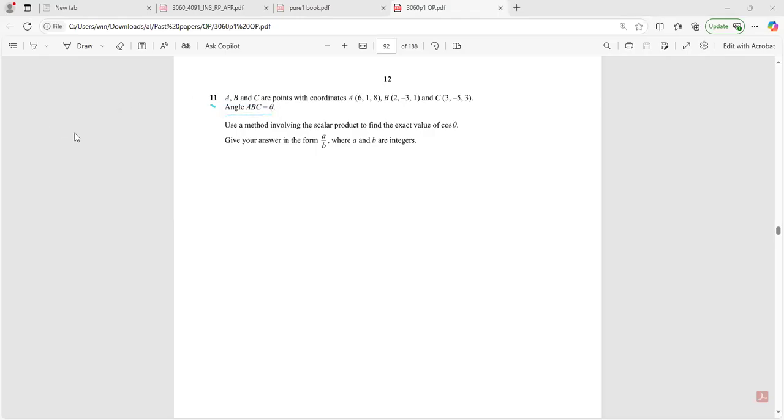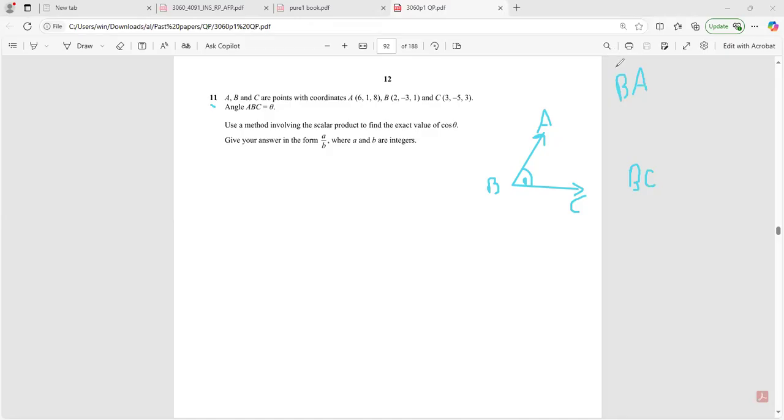Remember something here: when we have an angle, the middle letter is B, so this is B, and that is maybe A, and that is C. Remember this is the direction of the angle, and that is theta. So here we have to get the BA vector and the BC vector.